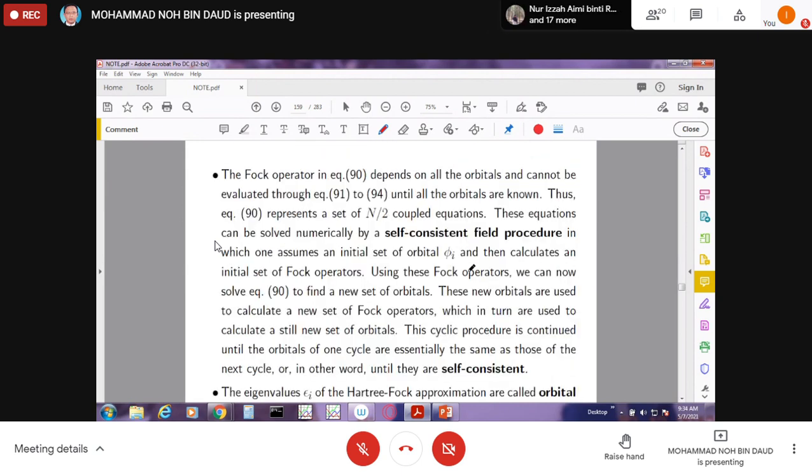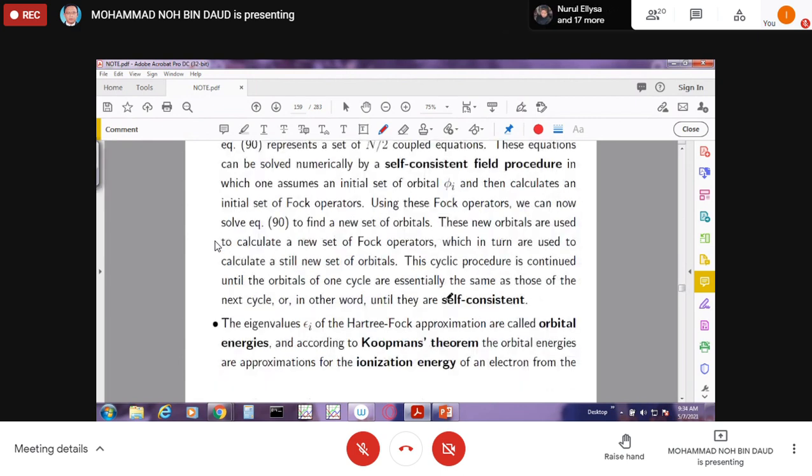The Hartree-Fock. Okay, self-consistent means the Hartree-Fock calculation converges for both the orbitals and the orbital energy, by its self-consistency. So this method is called the self-consistent field procedure.